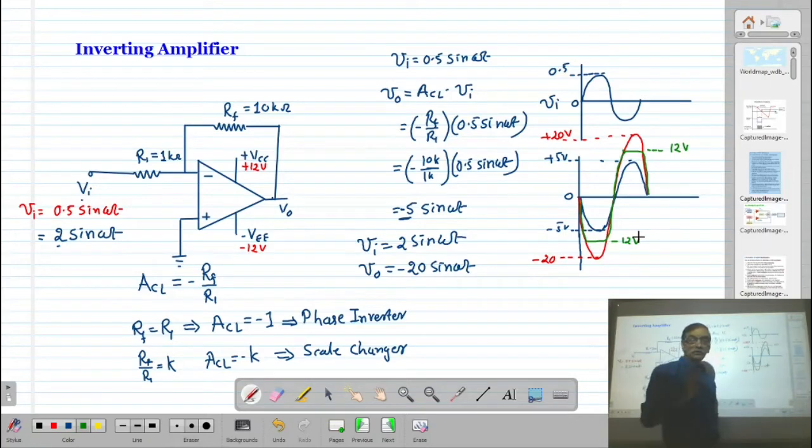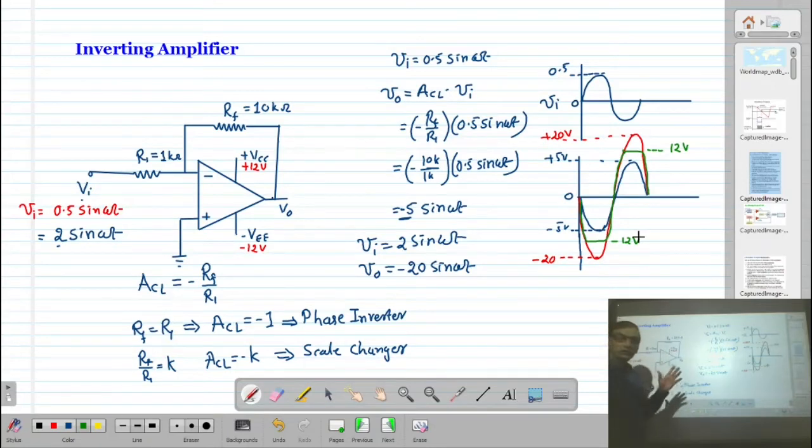So in short, you should remember that whenever we are solving any kind of problem or objective, your output voltage should not be greater than your supply voltage, plus VCC and minus VEE. Suppose your output voltage is greater than this, then you have to choose the saturation voltage.